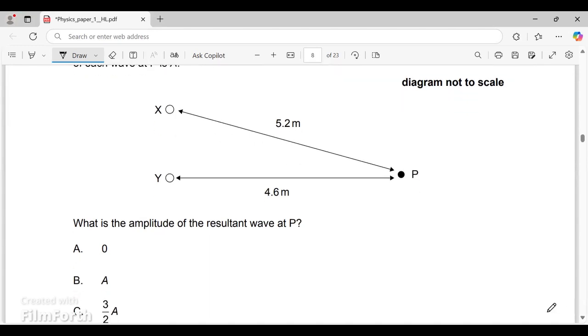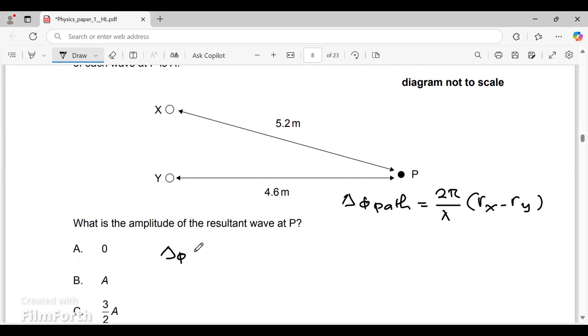The phase difference between the waves due to their different path lengths is given by delta phi path equal to 2 pi over lambda times (rx minus ry).